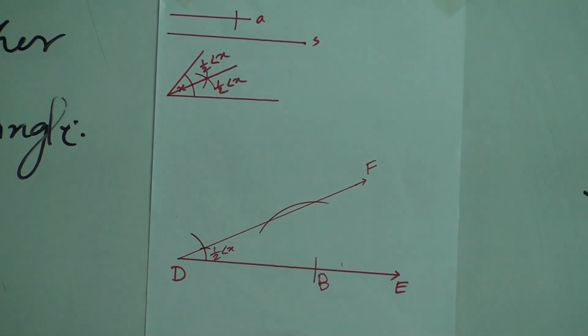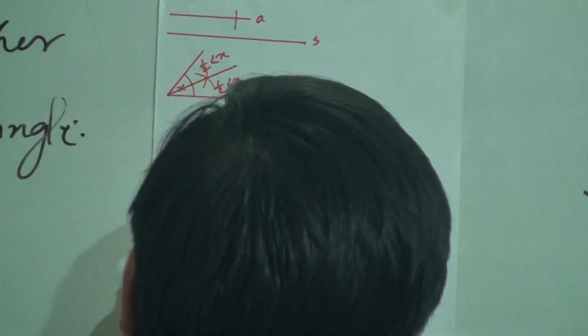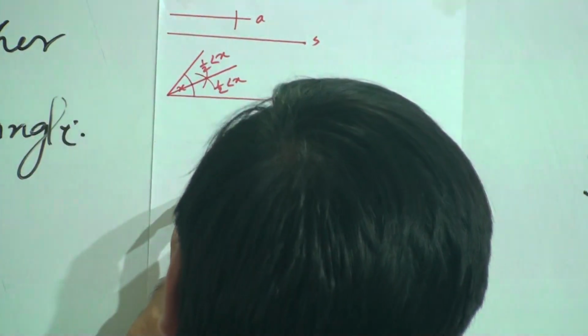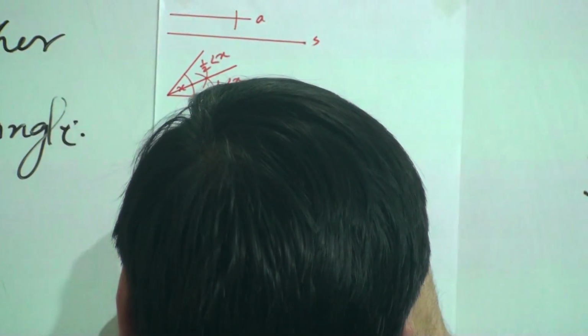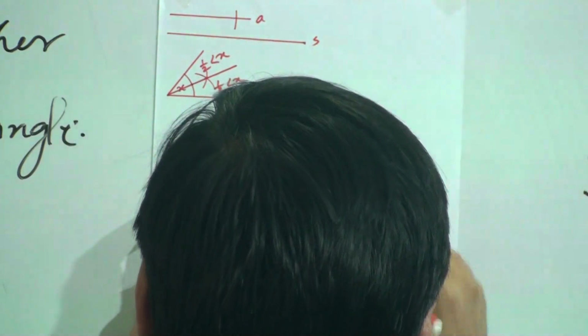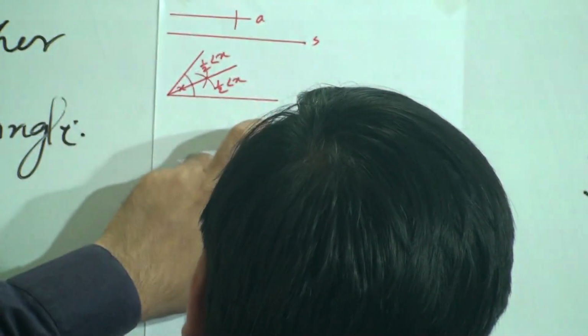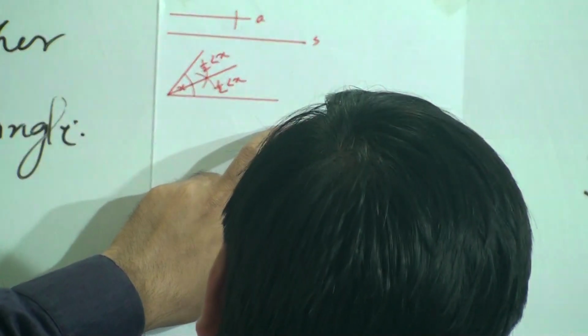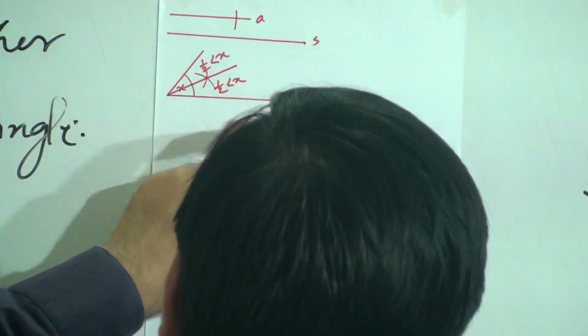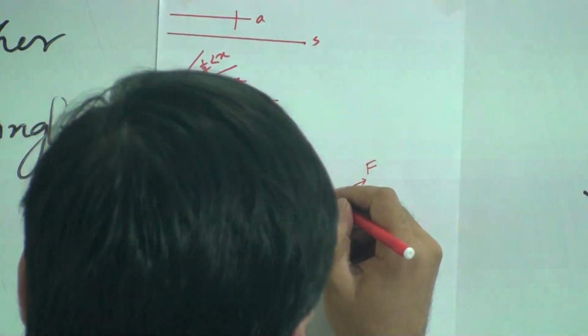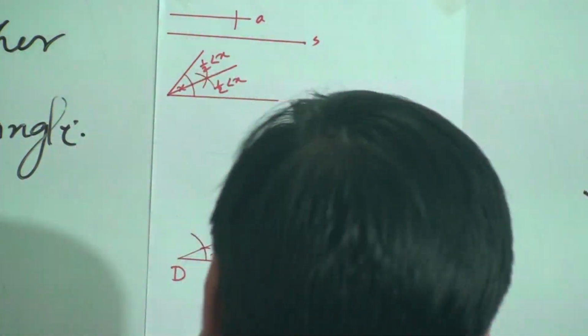Now we can join. Taking B as center, draw an arc with radius equal to the length of the base. This will intersect DF at C and C prime. Now join these 2 points with B. Consider this is C and this is C prime.